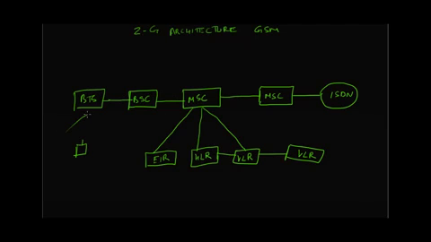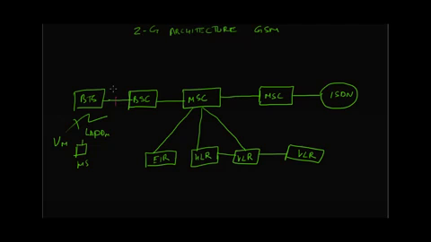Let's look at the interfaces. The Um interface is the interface between the mobile station and the BTS, and the protocol between them is LAPDm, which means it is specifically modified for GSM.